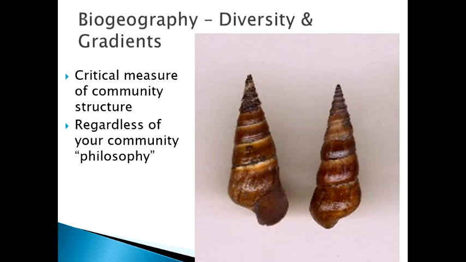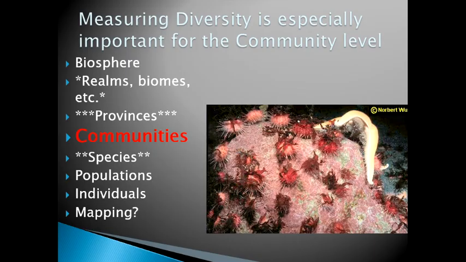So whether you favor Gleason or Clements or something else, you still have to know how many taxa you have in a given place. If you remember the ecological hierarchy, we in biogeography focus on those upper measures or upper units, the biosphere, realms, biomes, regions, provinces, which we'll get to shortly.